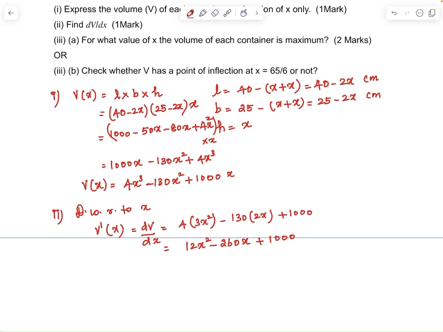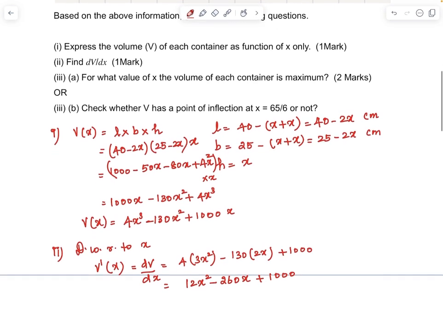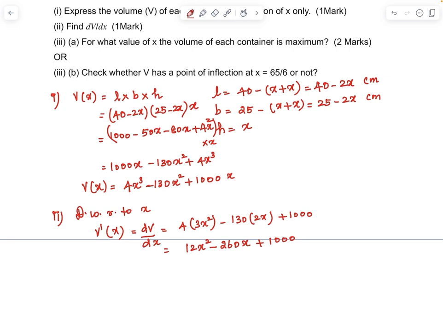So this is dV by dx. Now subdivision 3, in that A part. For what value of x the volume of each container is maximum.